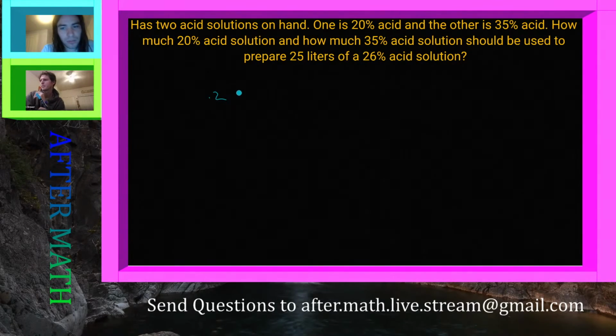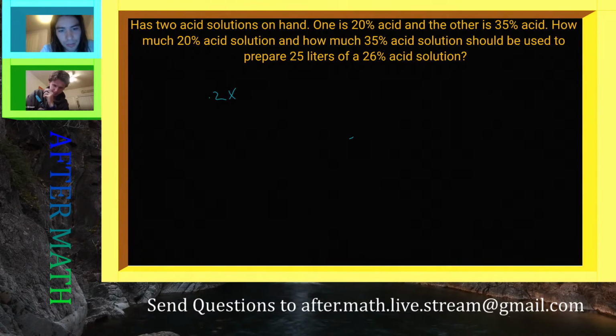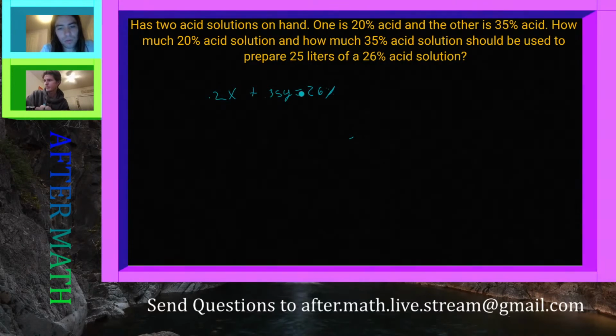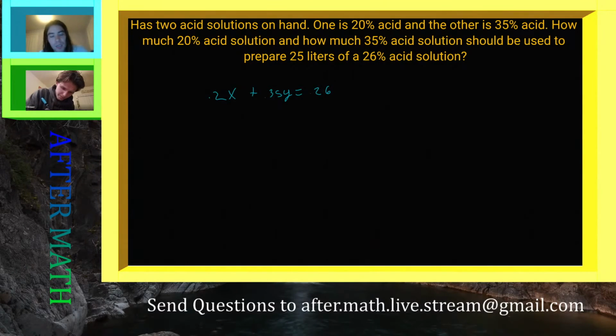Then we'll say 0.2x plus 0.35y is equal to 26%, which is 0.26.